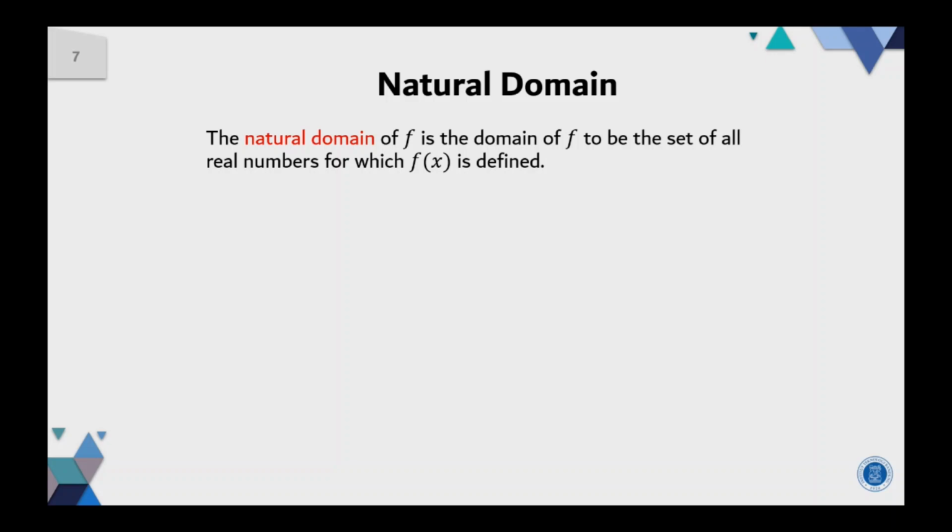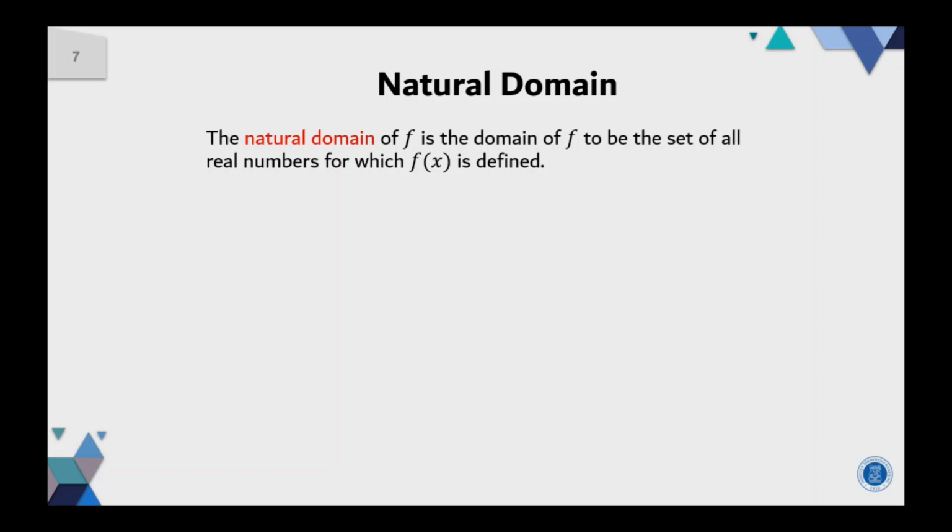But we can have a natural domain for each function, even though we are not told what the domain of the function is, we can decide what the natural domain of a function is. So what is the natural domain of a function? It is the set of all real numbers for which f(x) is defined. So we have to find all x where f(x) is defined.